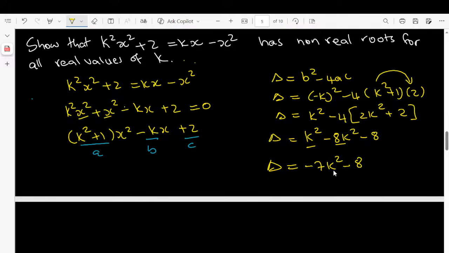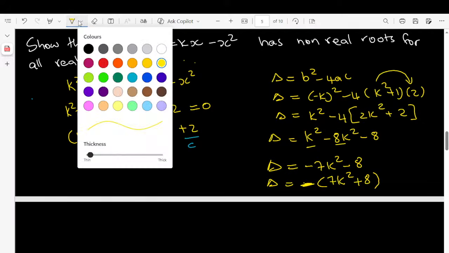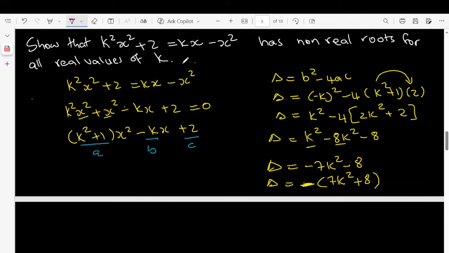So now, can we take the negative out as a common factor? This will be negative inside the bracket, I'll have 7k squared plus 8. I'm going to explain why I'm taking out the negative. If I put it like this, it's going to be easy to prove that whatever we substitute inside the bracket will be positive.